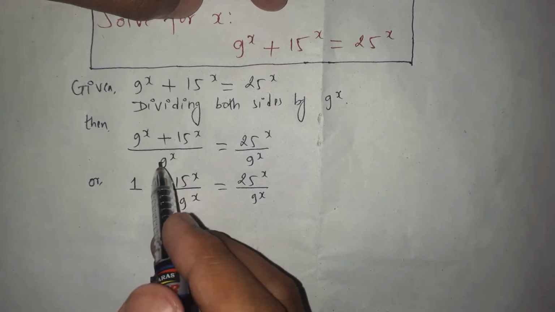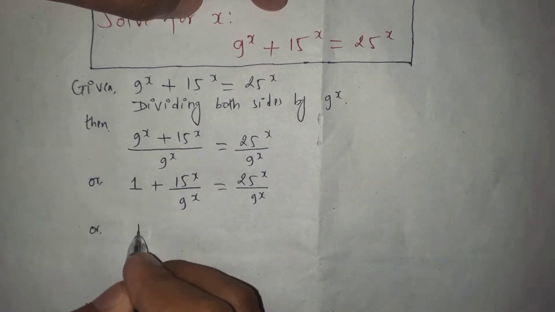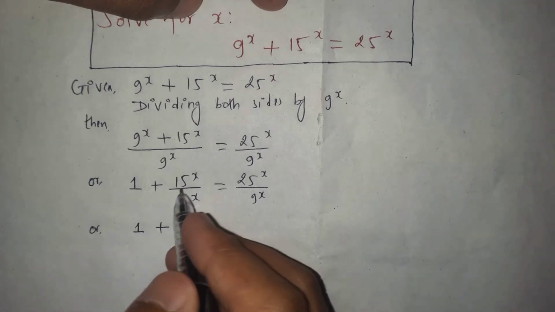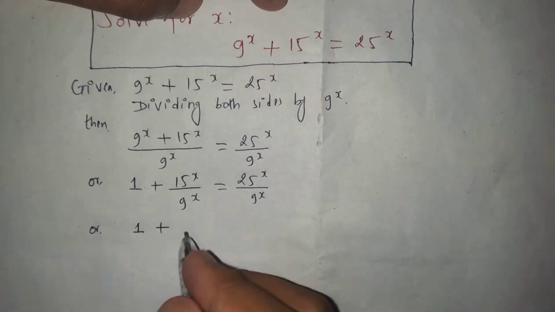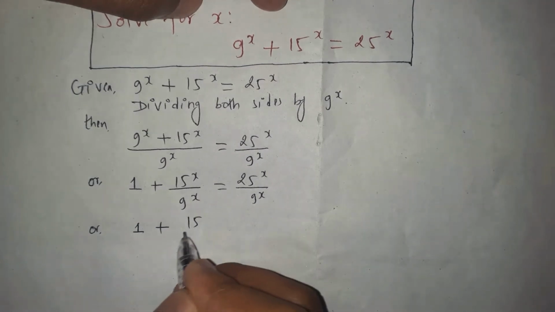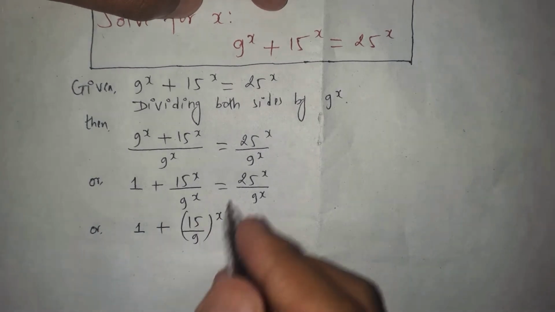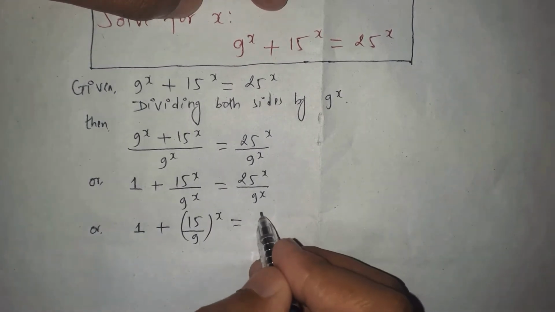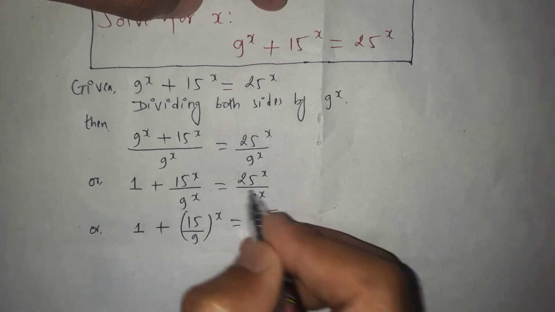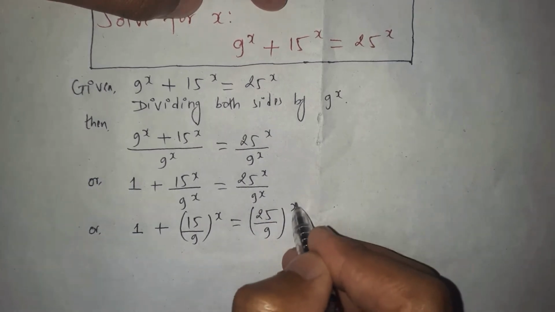Here we distribute the common denominator, and this can be further simplified as 1 plus, and we can give the same power. The power is distributed, so we can write 15 over 9 raised to the power x by the law of indices. And it is the same case here: this can be written as 25 over 9 raised to the power of x.